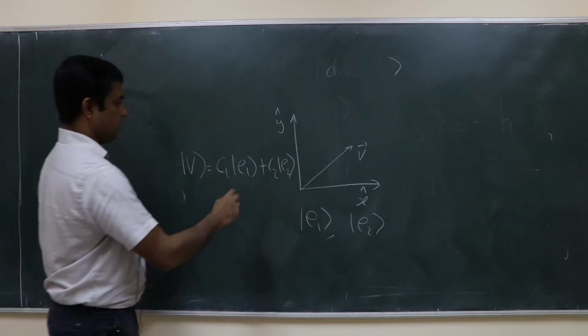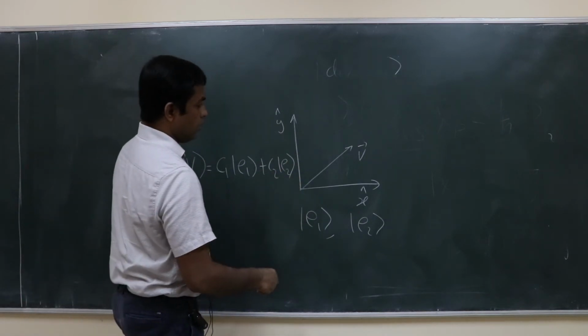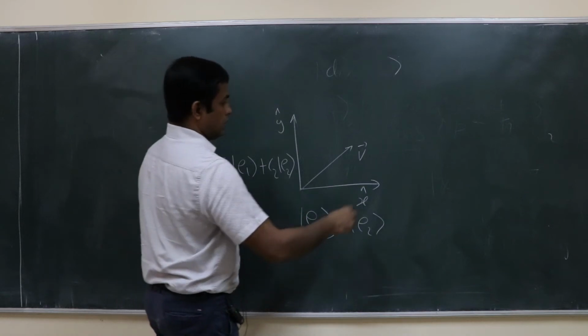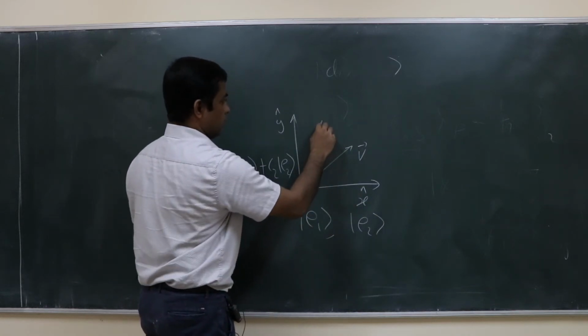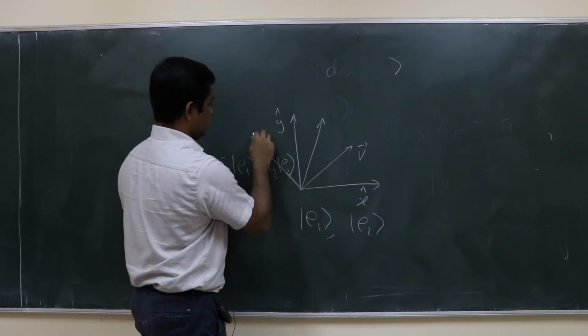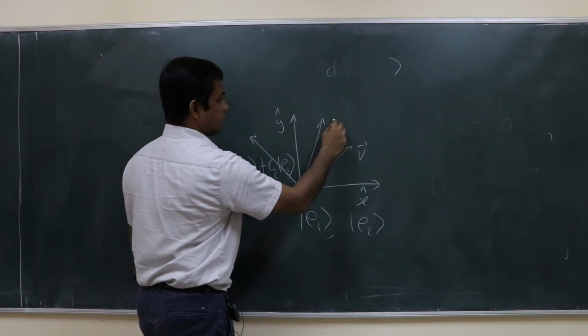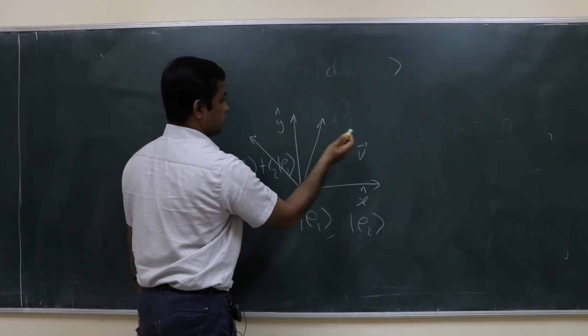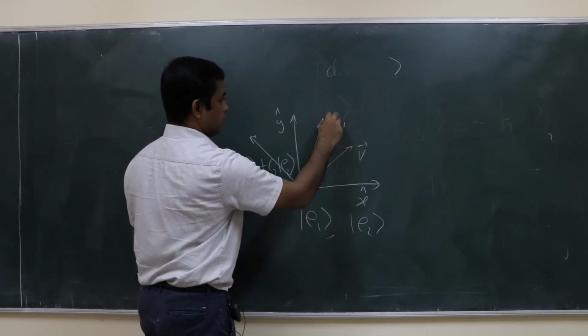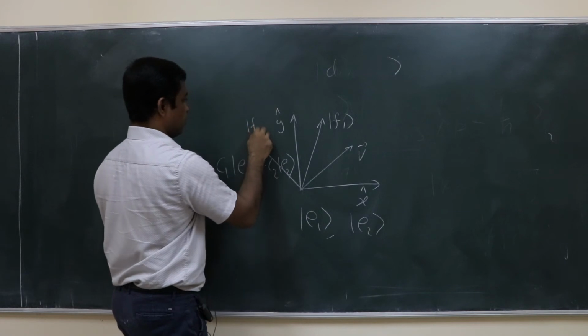Now let me consider some other basis vectors, which I call ket F1 and ket F2.